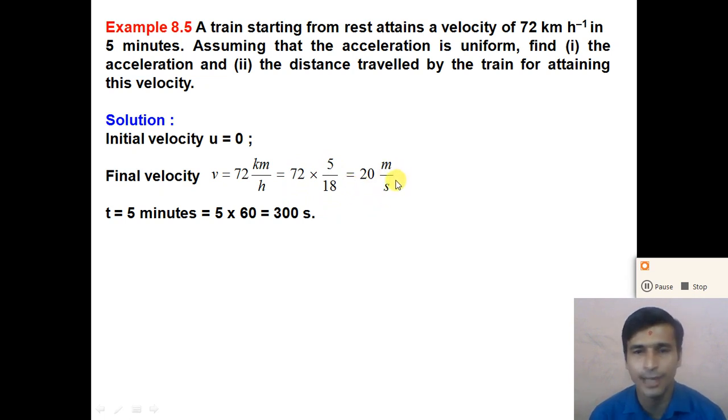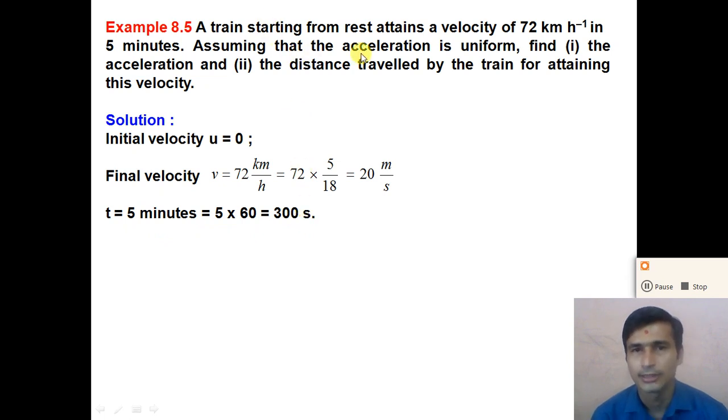So the final velocity of the train is 20 meter per second. Time is given, t is equal to 5 minutes. We need to convert into seconds. 1 minute is equal to 60 seconds. So 5 minutes is equal to 5 multiplied by 60, that is 300 seconds.